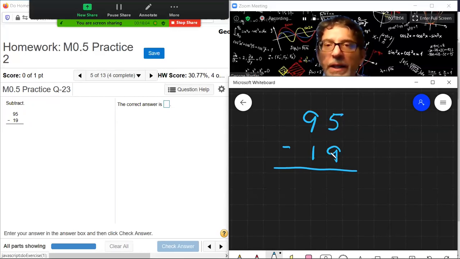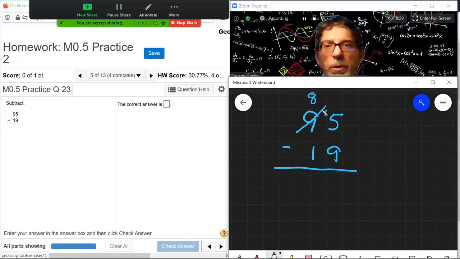So we cannot take 9 from 5. There's not enough 5s to take 9 from. So we have to borrow a 1 from this number here, this 9. So we're going to slash this 9 out. This becomes an 8 because we're going to borrow 1. And the one that we borrowed comes here in the front and makes this a 15.